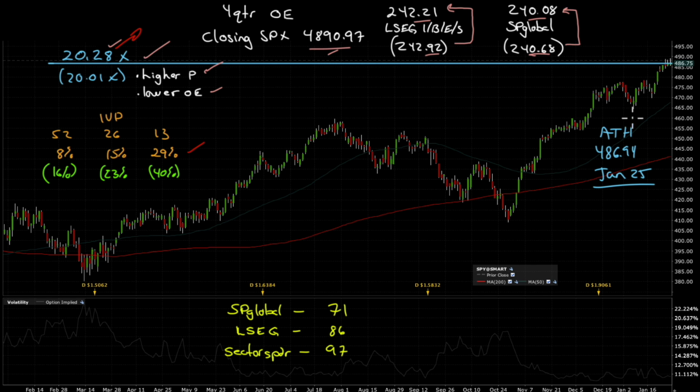The market hit an all-time high, 486.94, on January 25th, and gave back just a little bit. What are we talking about here? 19 cents. It gave back 19 cents on Friday. But if you have a shorter term chart, this is a 1-year chart, so it's hard to see. But at the very end, you're seeing these long wicks.